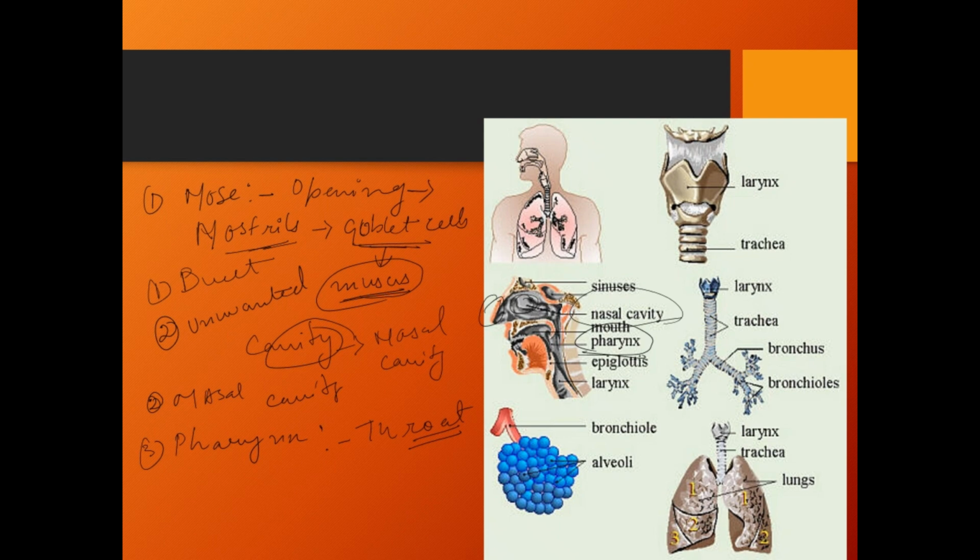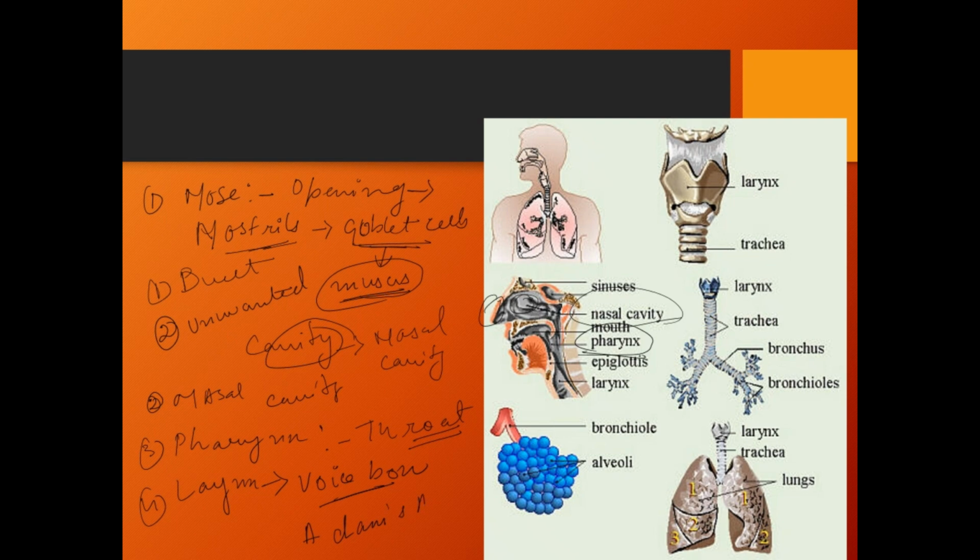The larynx is also known as the voice box. After the age of puberty, in the larynx area, the Adam's apple is developed.